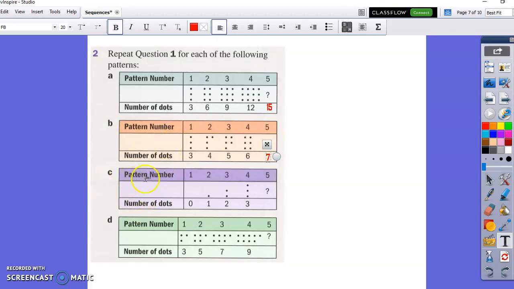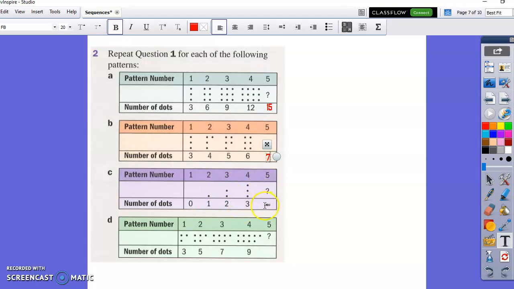Okay, let's have a look at C. It is a nice sequence. So the first term is 0, it means I have no points. The second term I have 1 point. The third term I have 2 points. The fourth term I have 3 points. So what about the fifth term? If we see the relation between them, for the first one, 1 minus 1 will give me 0. 2, 1, again the difference is minus 1. 3, 2, minus 1. 4, 3, minus 1.